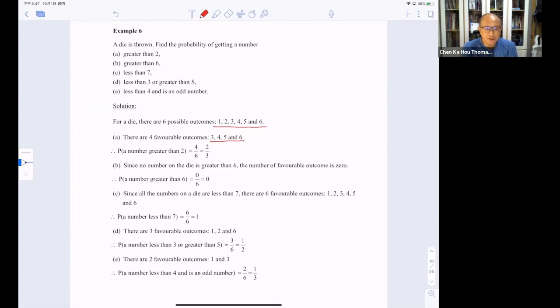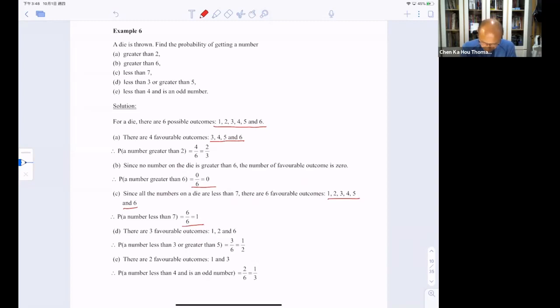Next one, greater than 6. It is impossible. No number is greater than 6, so it is 0 over 6. Okay, less than 7: there are 6 numbers, 1 to 6, all less than 7. So the probability is 1.